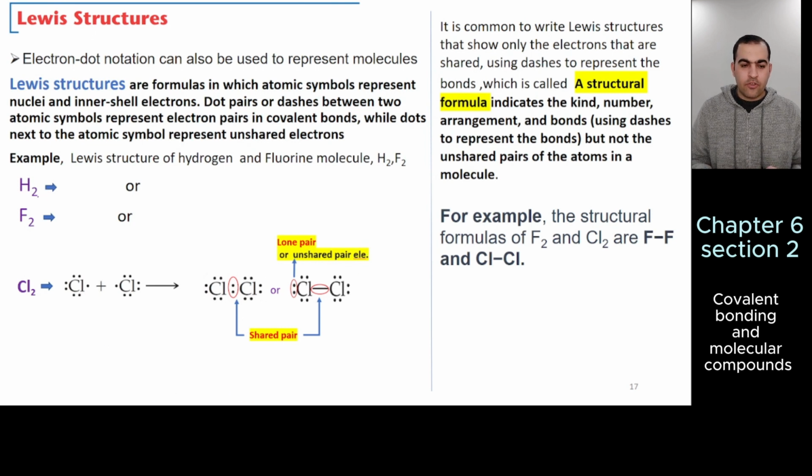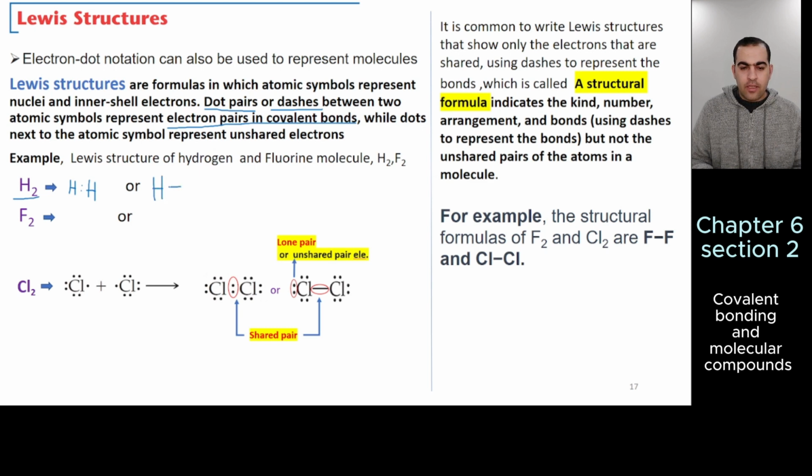For example, for H2, we have 2 hydrogens. The symbols represent the nuclei and inner shell electrons; we don't show those separately. Dot pairs or dashes between 2 atomic symbols represent the electron pair in a covalent bond, the shared electrons, written between the symbols of the atoms. This is a dot pair; pair means 2. Or we can use a dash.